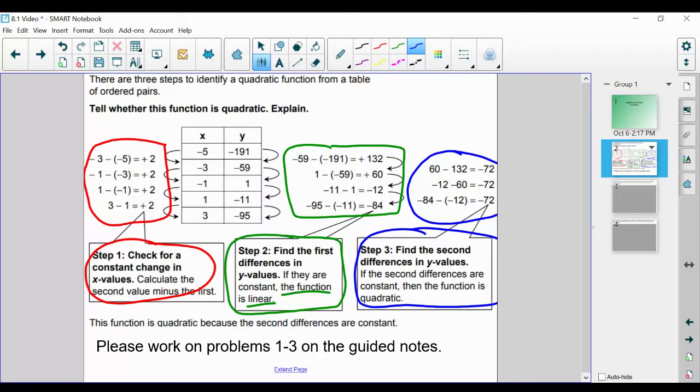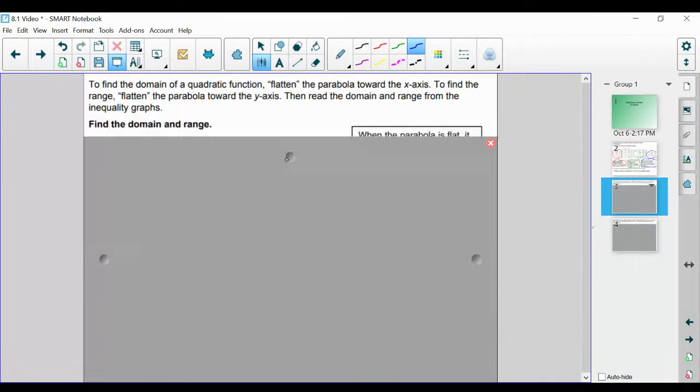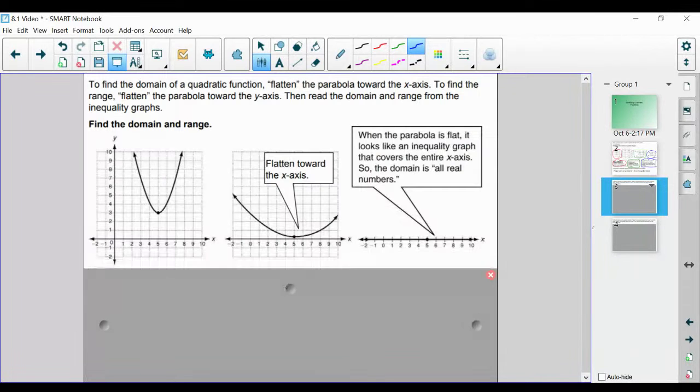All right, so now let's talk about how to find the domain of a quadratic function. Your guided notes are going to tell you to flatten the parabola towards the x-axis, and to find the range, we flatten the parabola towards the y-axis. Then we're going to read the domain and range from the inequality graphs. I have a little bit different of a way, so I'm going to talk to you about the way I do it. Let's say we are given this graph, pulled from your guided notes.